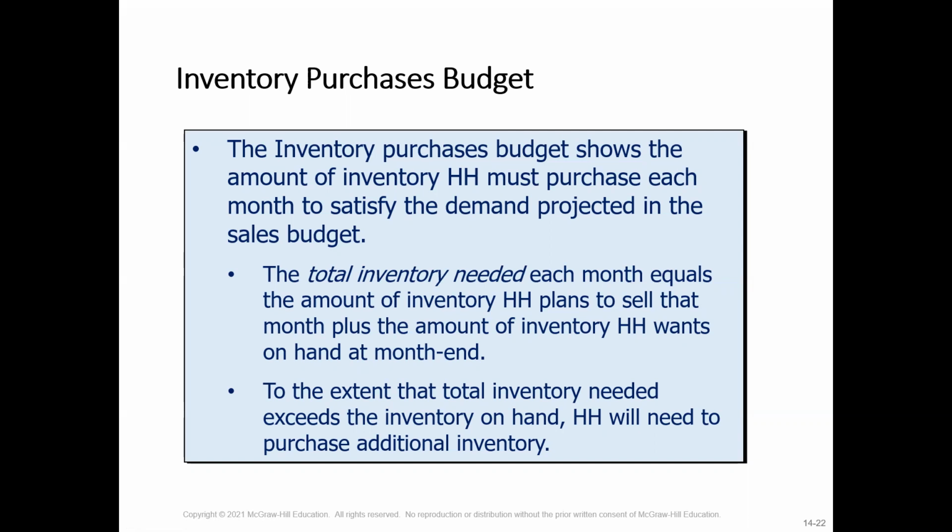And that's where your managers would actually come to the decision of how much inventory do we want to have. Maybe it might be a certain number of days of sales in inventory, but management would come up with that figure through a series of meetings, likely. So we have a figure called total inventory needed each month.